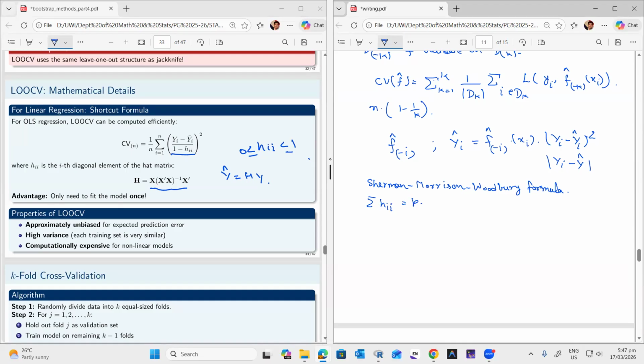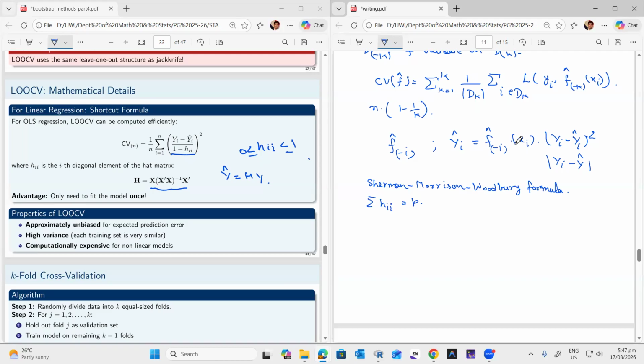So this is the formula for that one. LOOCV for regression is approximately unbiased, but high variance is there, and it is computationally very expensive for non-linear models.